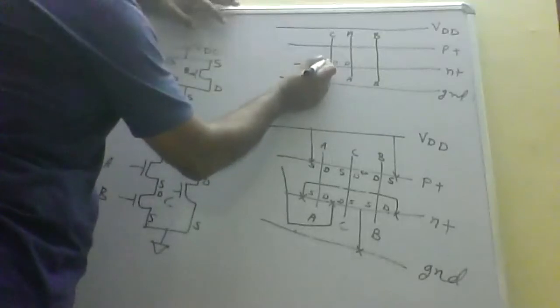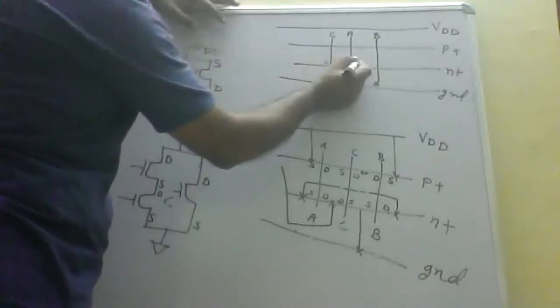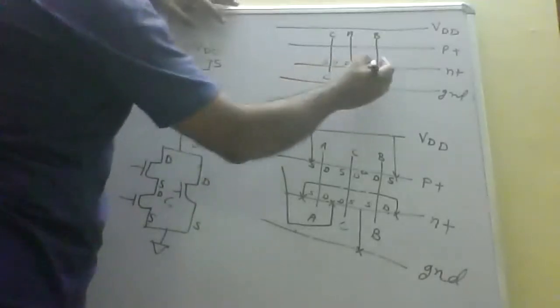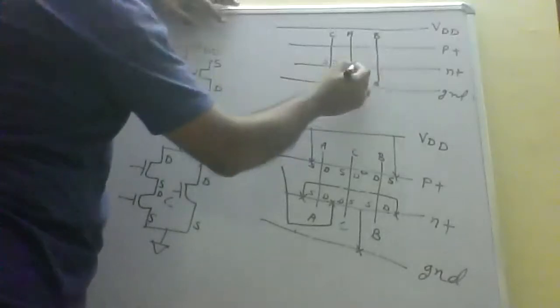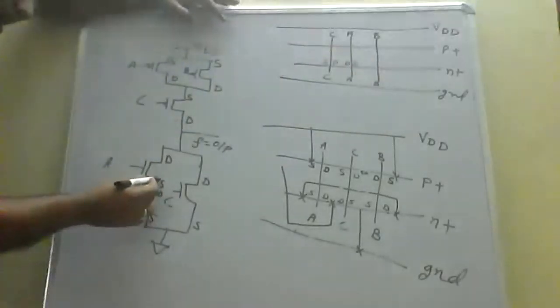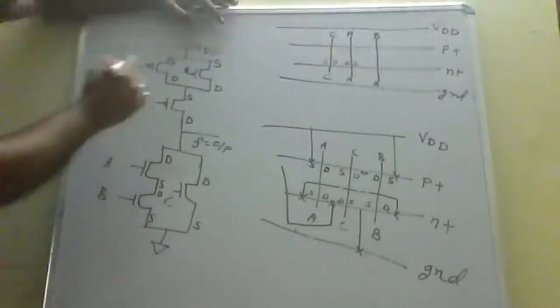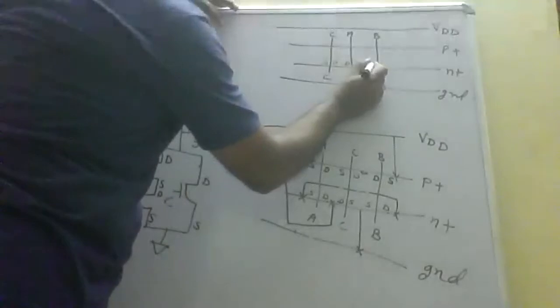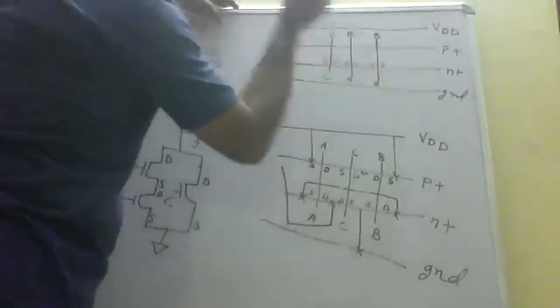If this is drain, this will be source. And the source of A is connected with the drain of B. So this will be the drain of B, and this will be the source.